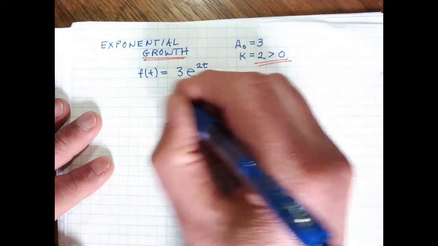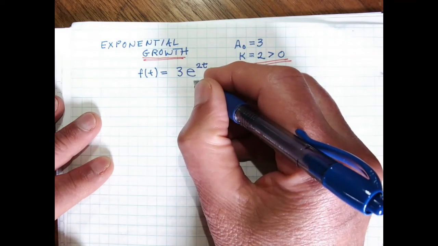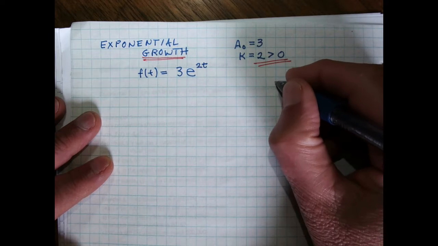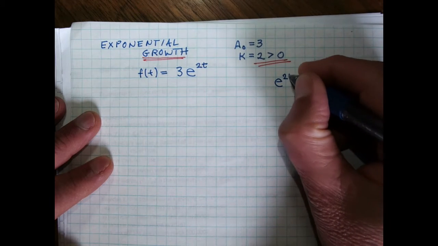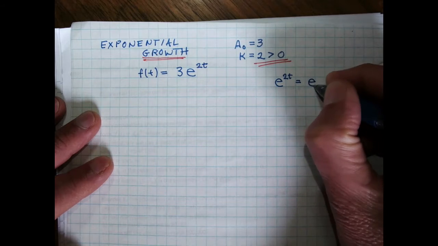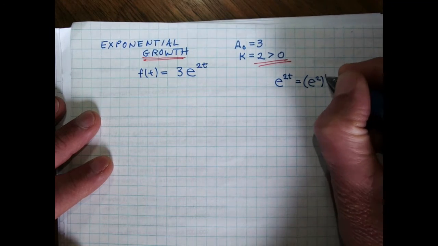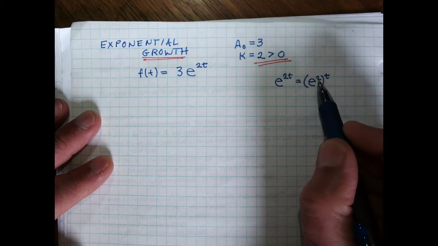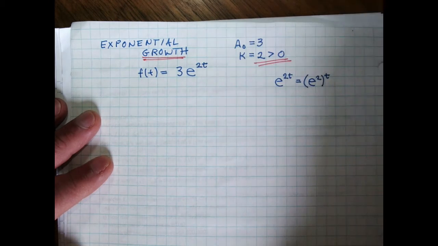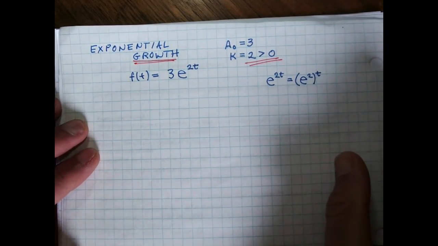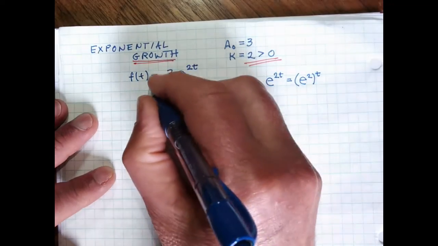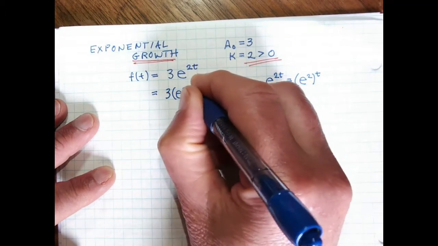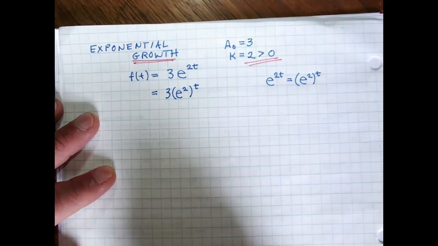Now, let's just look at the e^(2t). e^(2t) could also be written as (e^2)^t by properties of exponents, because (e^2)^t is the same as e^(2t). That's one of the basic properties of exponents. So our function here, f(t), could be written as 3(e^2)^t, okay?